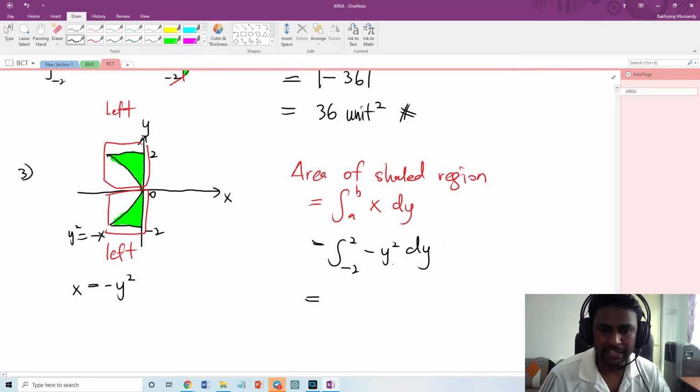So integrate negative y square, you get what? You get negative y power of 3 over 3, and then the limit is -2 until 2.